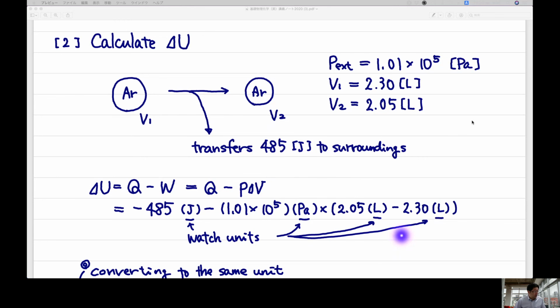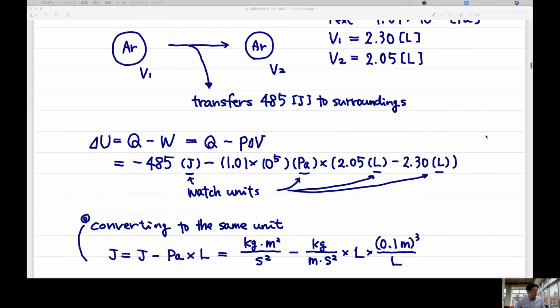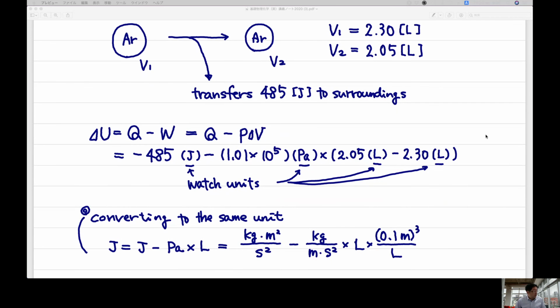And importantly, sometimes students get confused about the units. Okay, convert to the same unit. This is a very important idea for physics. Joule versus Pascal times liter: joule can be transformed to this unit, and Pascal can be transformed to this unit, and liter is liter.